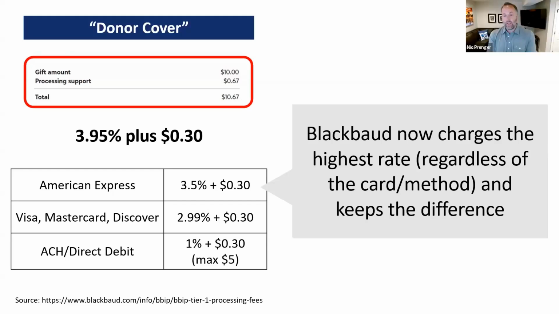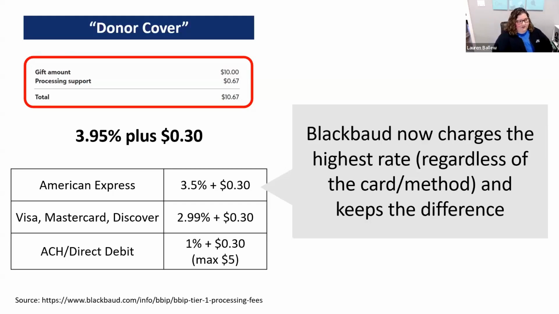They used to charge a Visa rate for a Visa card, a Discover rate for a Discover card, an Amex rate for an Amex card. They charged the donor that, they presented that amount to the donor, and then they gave you everything extra that the donor gave.